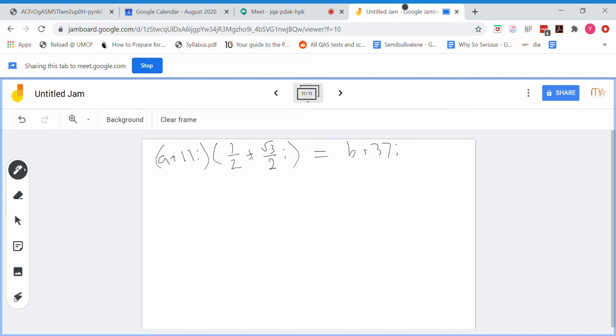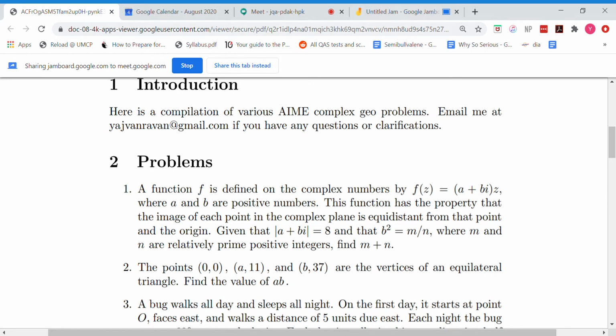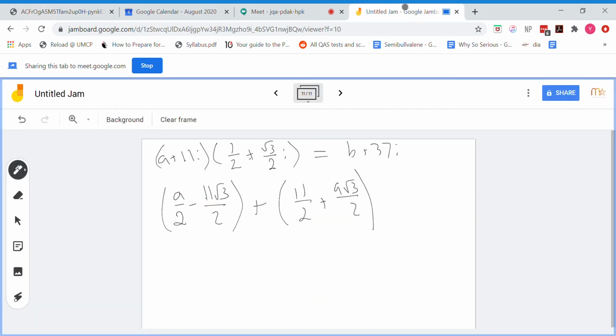If we expand this, we get a over 2 minus 11 root 3 over 2, plus (11 over 2 plus a root 3 over 2) i equals b plus 37i.